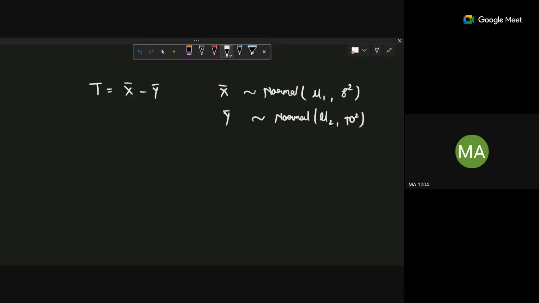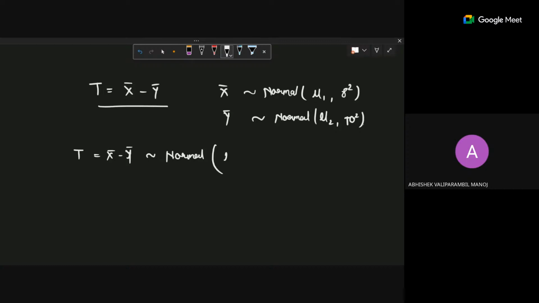Fine. So what will be the distribution of x bar minus y bar? If x and y are normally distributed, then obviously the difference is normally distributed, right? So what will be the distribution for t? Normal.